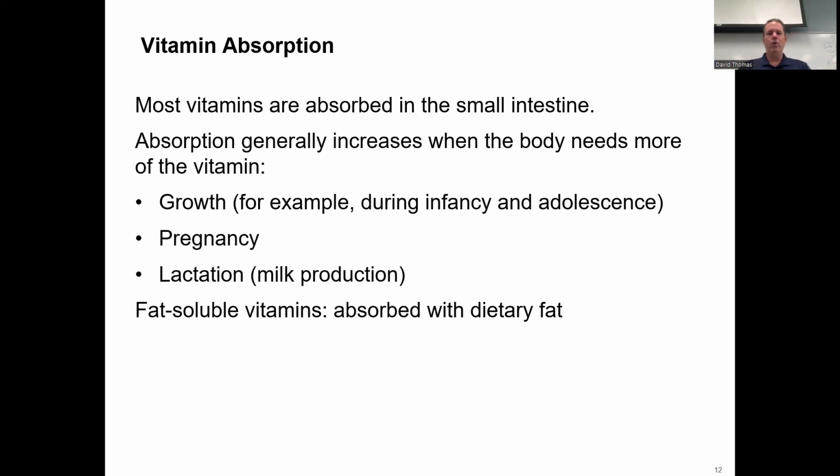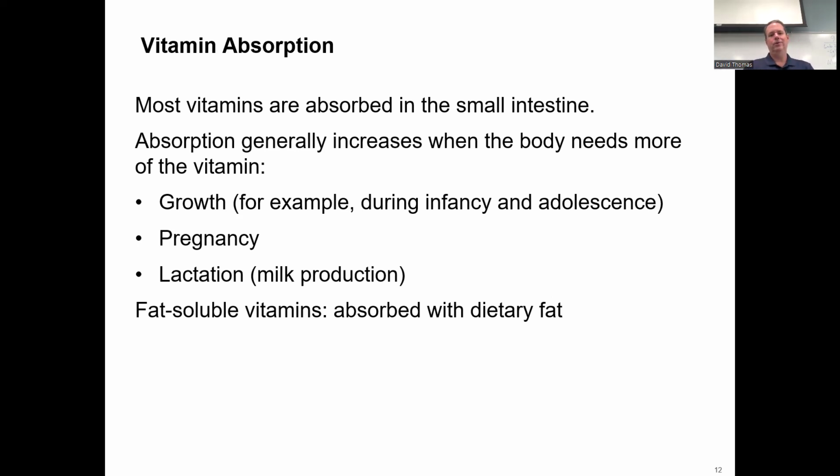There are some examples where our body is programmed to absorb vitamins at a higher rate. We're going through different growth phases as we grow. You think of children, infancy, even in adolescence, they have growth spurts. Any of these growth spurts, they're using up vitamins, the tissues are growing, you're going through cell division faster, you're producing chemicals a lot faster, hormones, whatever.